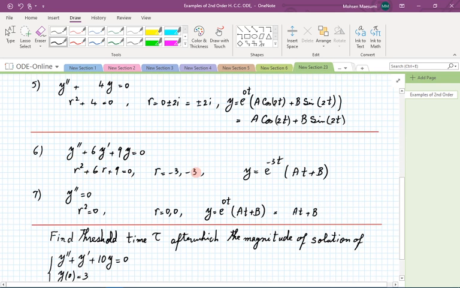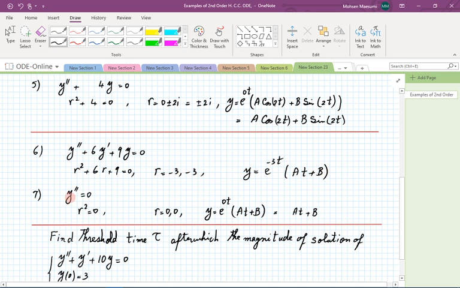The roots become identical, and that causes another style of solution to emerge. It becomes exponential of either one of these numbers times a polynomial. It's just a linear polynomial here.